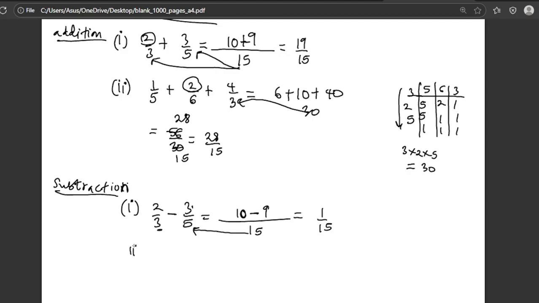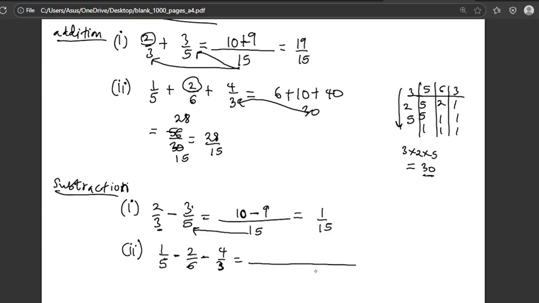And the second one: 1 over 5 minus 2 over 6 minus 4 over 3. Here also, as we saw earlier, the LCM is 30, so that's the common denominator for all.